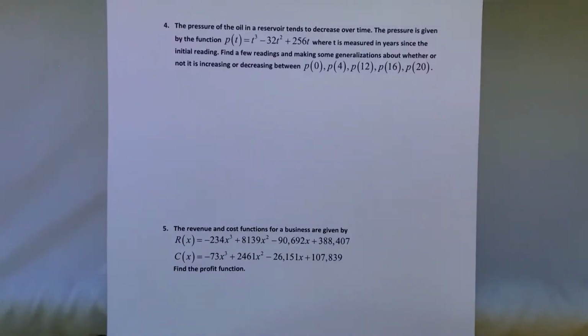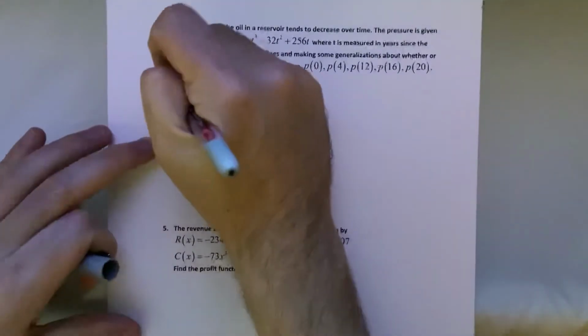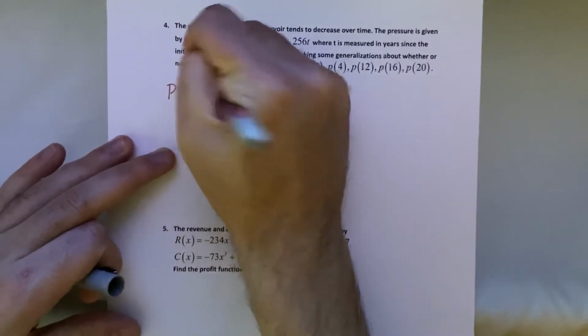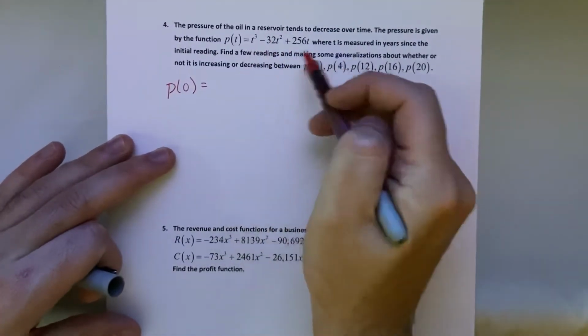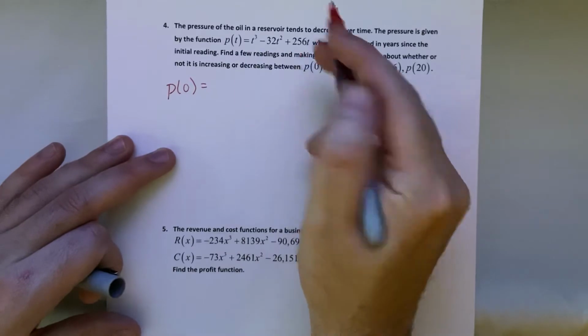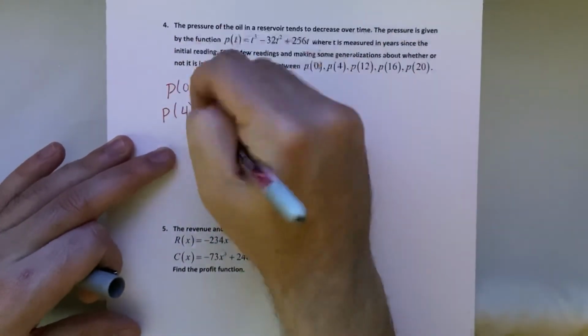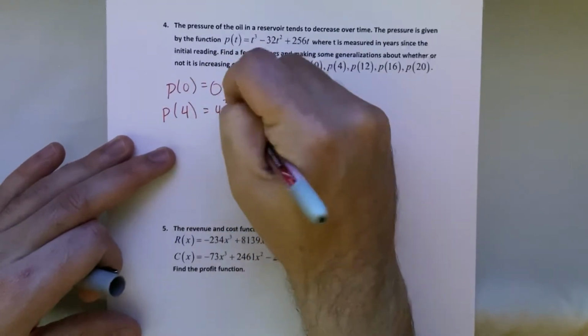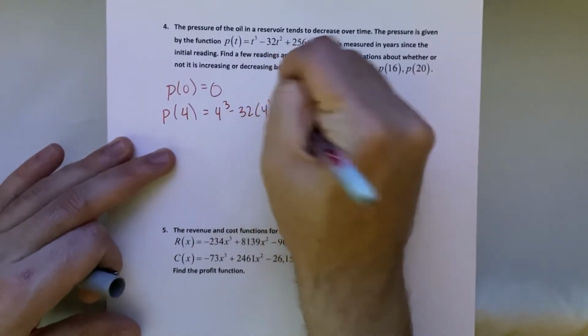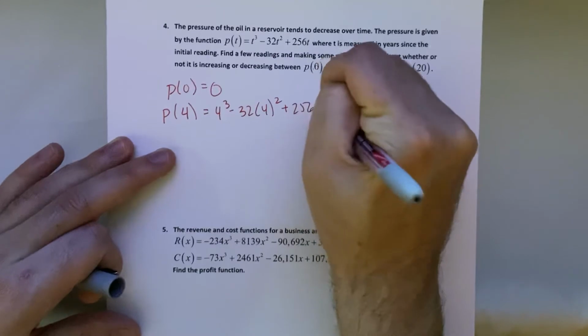Okay, this is a fancy way of saying that I want you to plug in all of those numbers. And we'll not be offended if you want to use a calculator to plug these all in. Now, what's p of 0? Because there's a t in all these terms, it's just 0. Plug in p of 4. It's 4 cubed minus 32 times 4 squared plus 256 times 4.